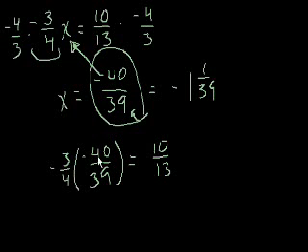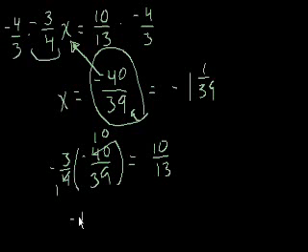So minus 3 times minus 40 is 120, and actually we could do something a little bit simpler. This 4 becomes a 1, and this 40 becomes a 10, if you remember that when you're multiplying fractions, you can simplify like that.